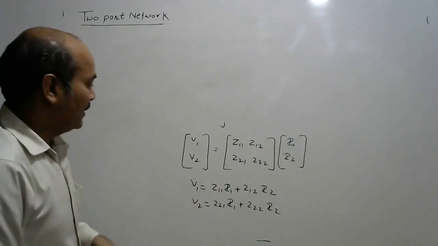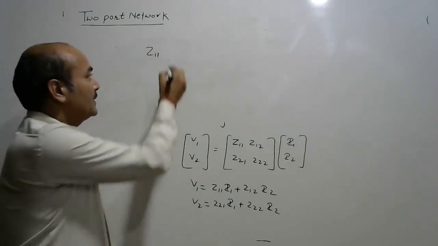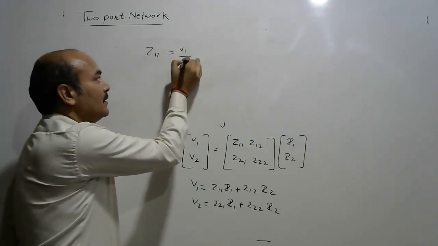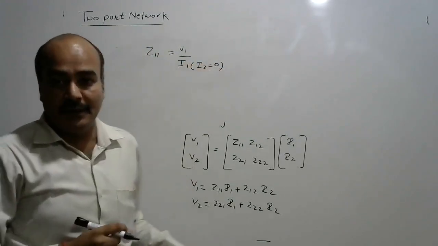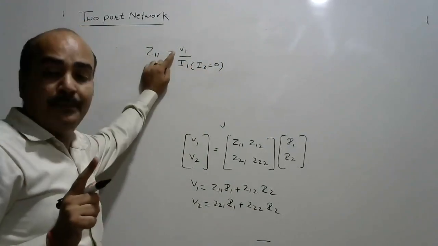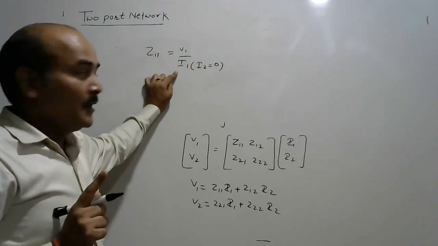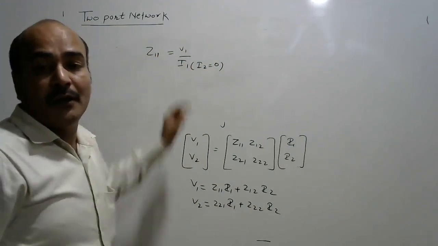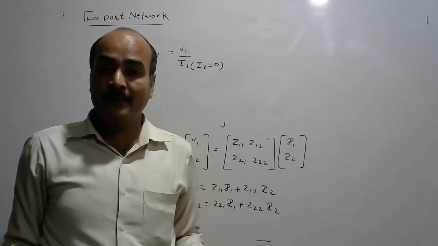So see, what is Z11? Z11 is V1 over I1 with I2 equal to 0. Remember the important point: Z11 is V1 over I1 with I2 equal to 0. If you say Z11 is just V1 upon I1, that is wrong.